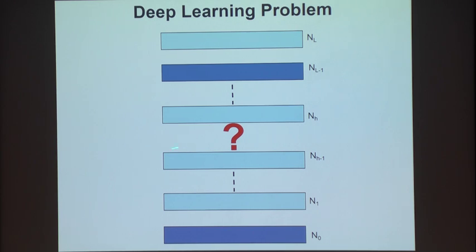How do you set the weights of the neurons that are connecting this layer to this layer, right? Well, if you have training data, you have examples of inputs and outputs of the function that you're trying to learn. It could be vision, for instance, so you have images in the input, and in the output you have categories that you want to recognize in the images, cats, dogs, etc. You can set your weights randomly, you propagate forward, you get an error here.